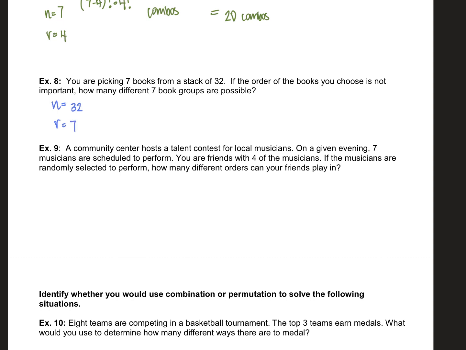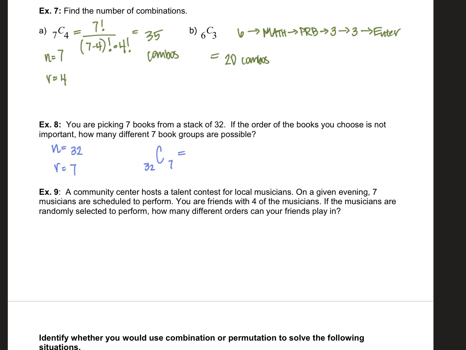So we're doing a combination, so capital C. Our N value goes first, so 32, and our R value goes second, so 7. Now we're going to utilize our calculator to do this. This time our N value is 32, then we'll press math, arrow over to PRB. We need option 3 this time.